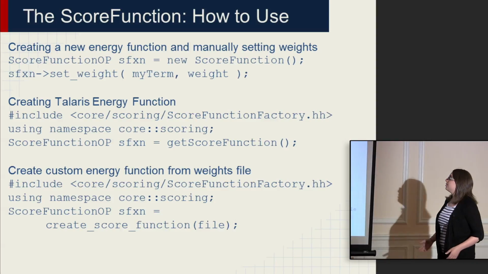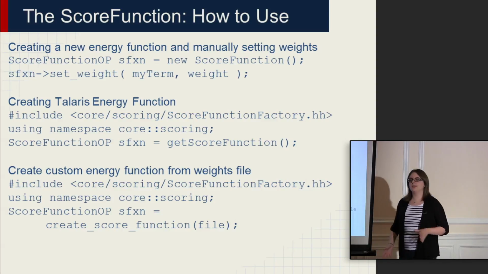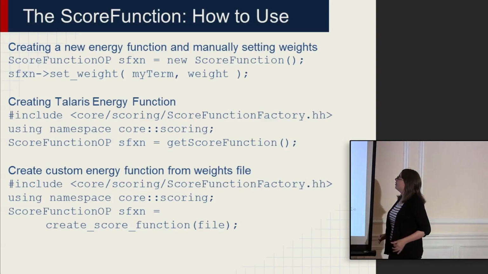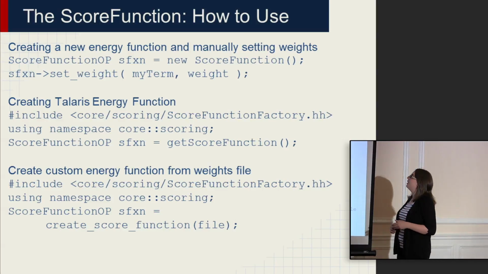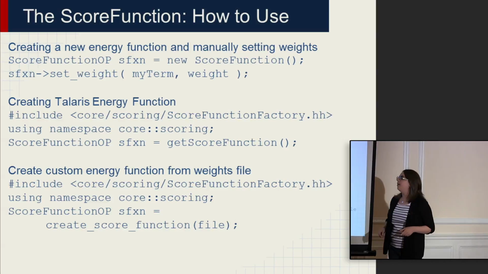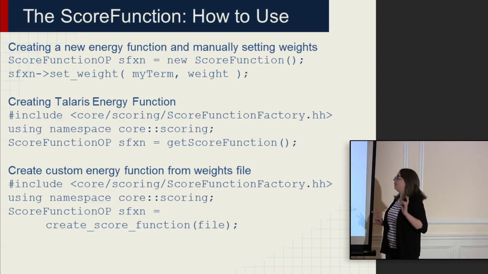To interact with the ScoreFunction in code, there are a couple of ways that you can do this. I know some are preferred over others. The first is you can create your own ScoreFunction by manually setting the weights of score terms. So you can create a new ScoreFunction object, and then manually set the weight of my term, and weight is just a real number.